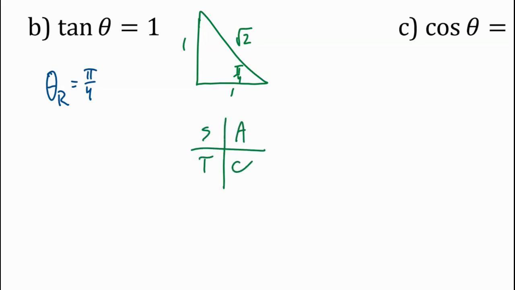CAST. Again, this is all the same as what we were doing before, so you can do all of this part. It's positive 1. Tan is positive in quadrants 1 and 3.